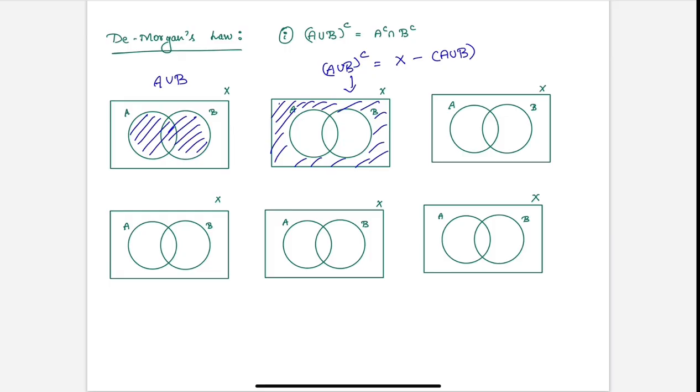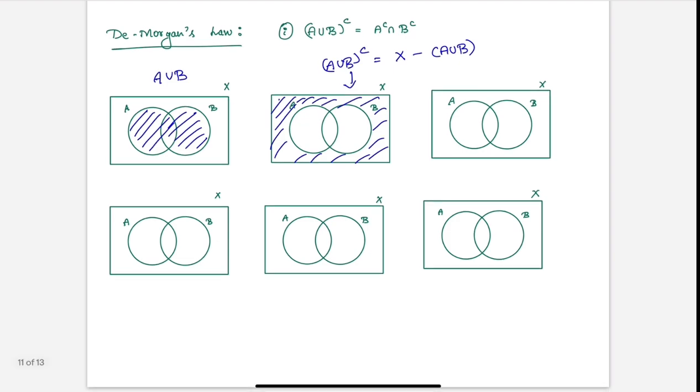Now let's check the right hand side. First we need A complement, then B complement, then we take the intersection. First, A complement, you know, X minus A. So you have to remove A from X, that is this portion.